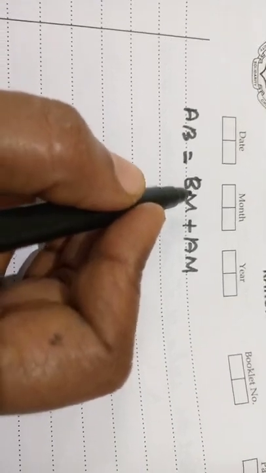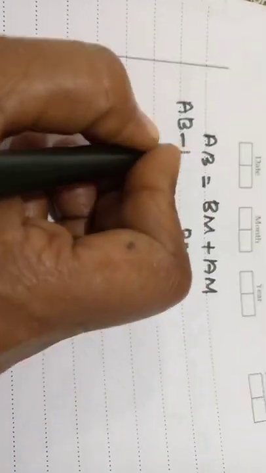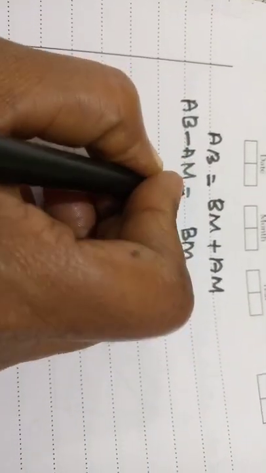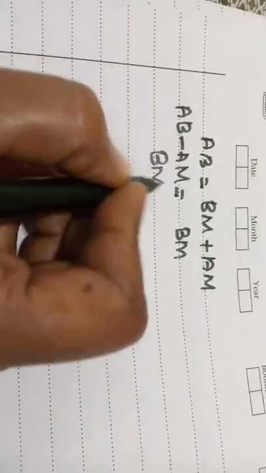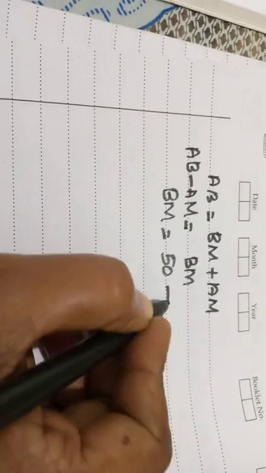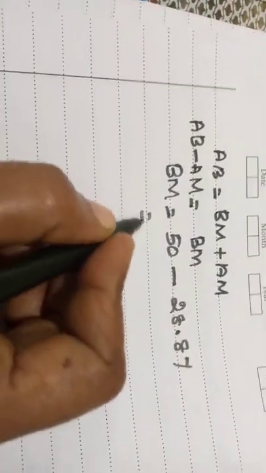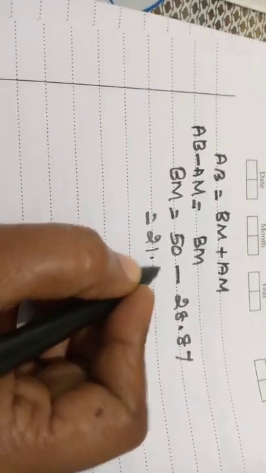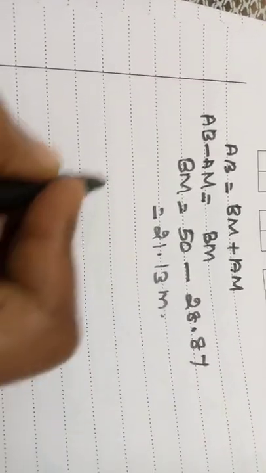Bring the BM here, keep BM here, and take AM to the other side. So AB minus AM; when we take AM to the other side, it becomes minus. So BM is equal to, what is the value of AB? We have 50, it is given, minus AM, 28.87. Subtract it: 21.13 meter.